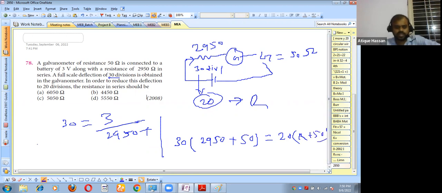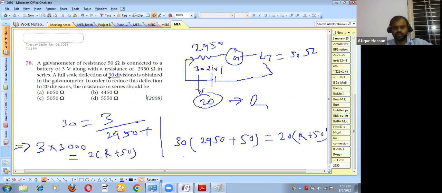So from here we can calculate R. Basically potential will be constant, current is variable, and current is directly proportional to the number of divisions. So 3 into 3000, since 2950 plus 50 means 3000, is equal to 2 into (R plus 50).